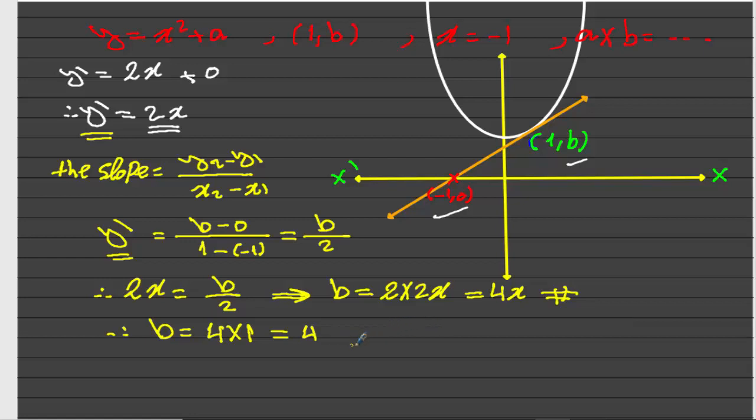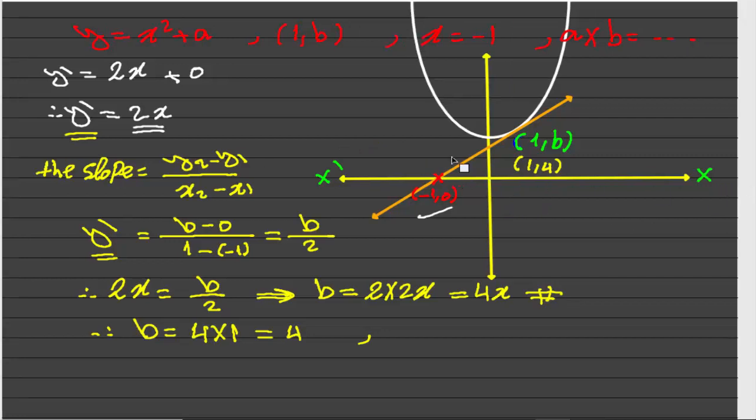So we can say that the curve passes through the point (1, 4). Since the curve passes through the point (1, 4), from the equation of the curve, when you substitute y equals 4, then x equals 1.